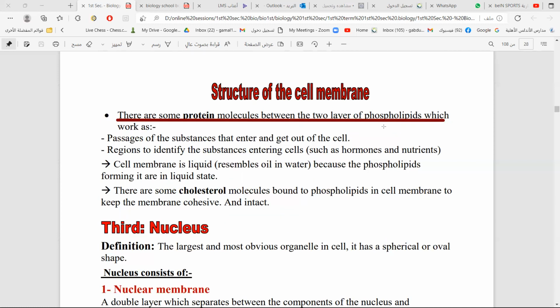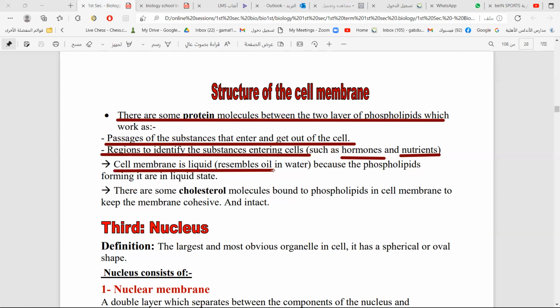Also, protein helps in the passage of substances to inside and outside the cell, and the protein area is a region to identify substances which enter the cell. The protein parts are like a door or a gate, which allow the passage of some substances, such as hormones or nutrients. They are controlled by the cell membrane.